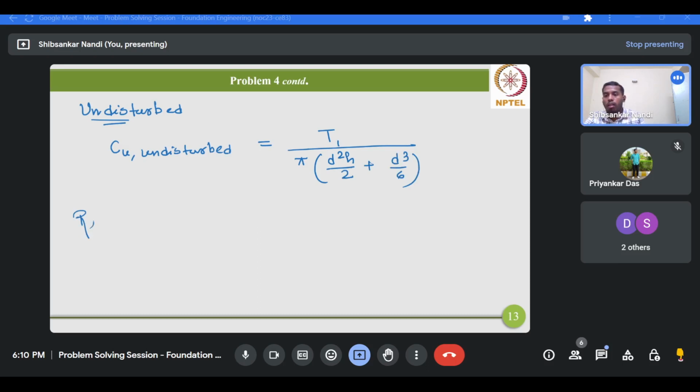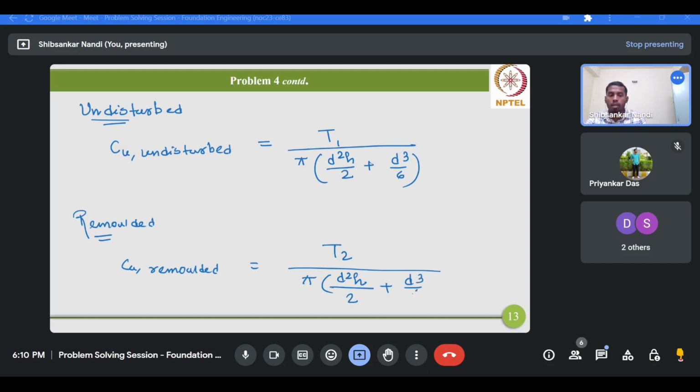And for the remolded part, cu remolded will be, suppose, T2 divided by the same expression, because the dimensions of the equipment are not changing, it's constant, it remains similar, the same equipment you are using. Okay, so only the torque value is changing. Why? Because for failing or shearing an undisturbed sample, you need to apply more torque as compared to the remolded condition. So that's why you end up with 2 torque values, T1 and T2.